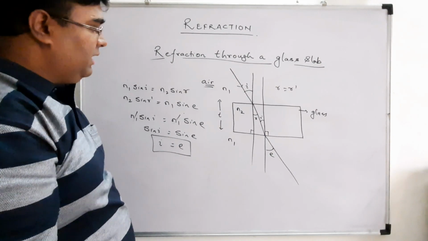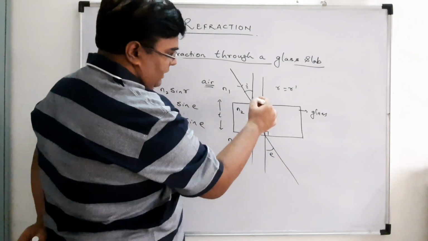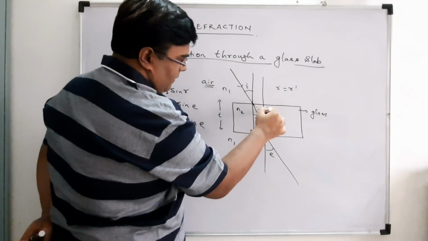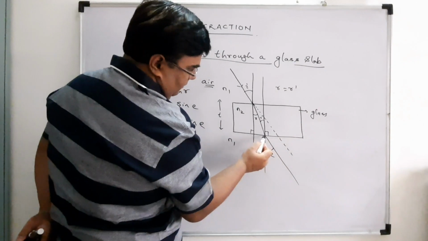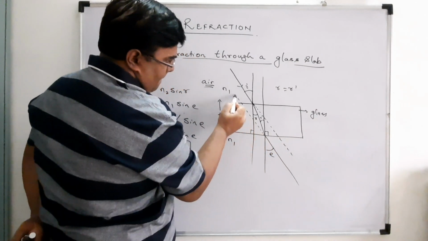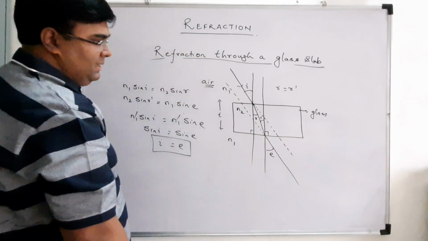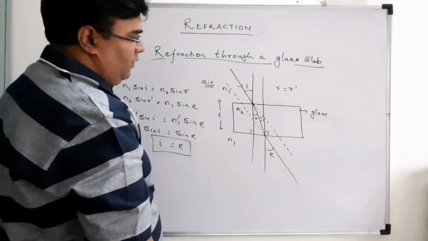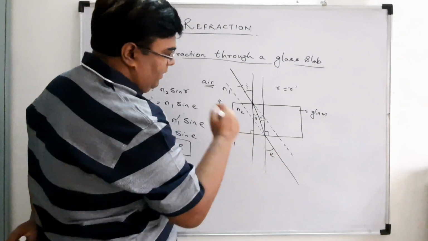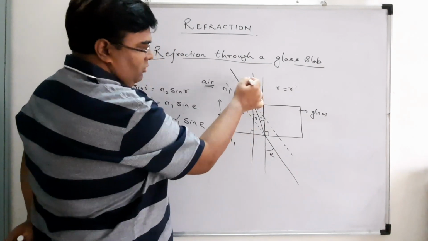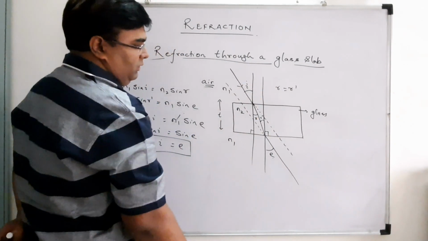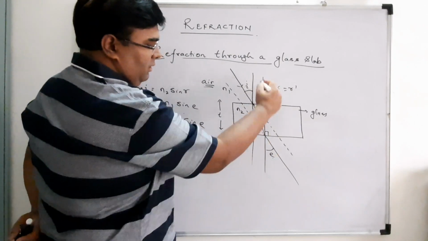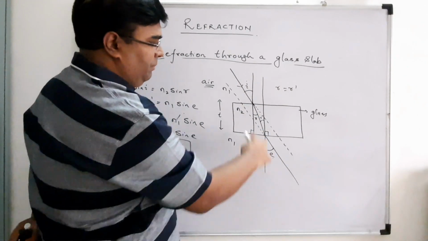Let us understand this. If we extend these two lines, see, I am saying E is equal to I, so these two are parallel lines.